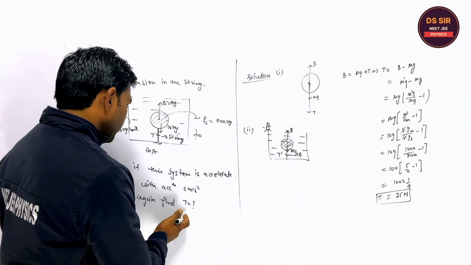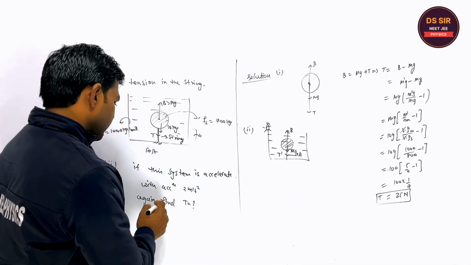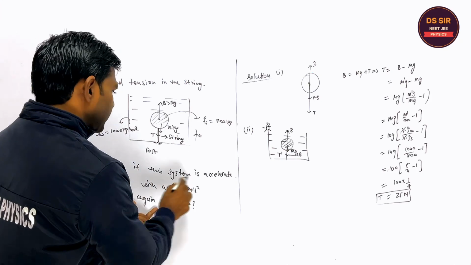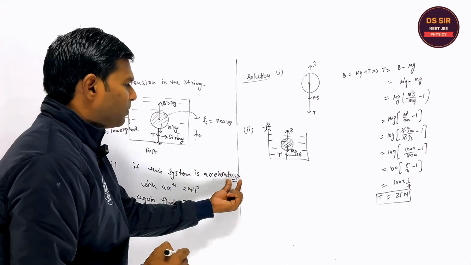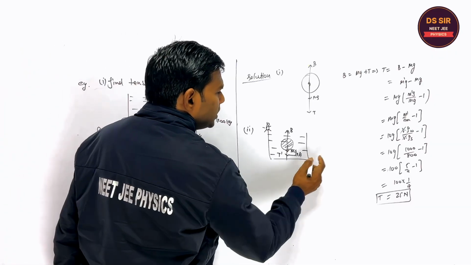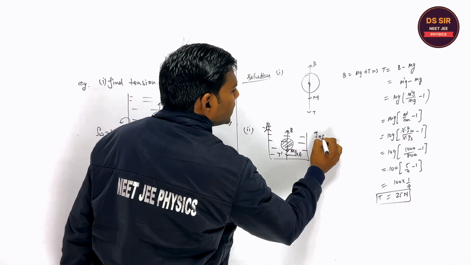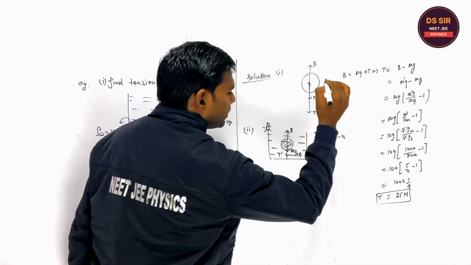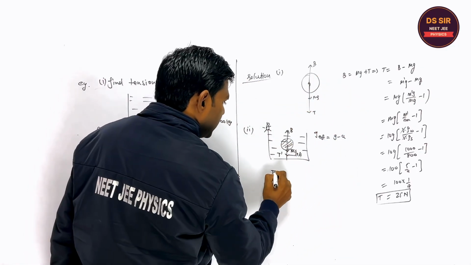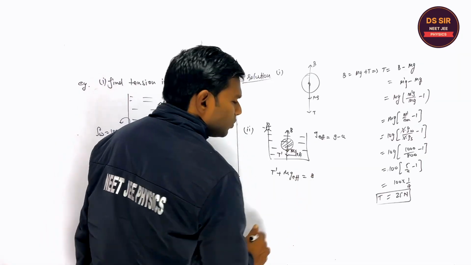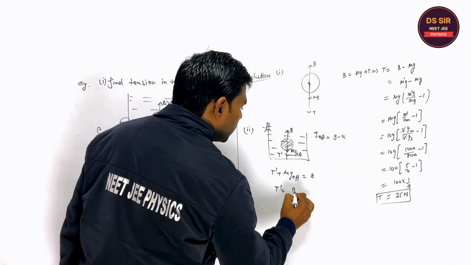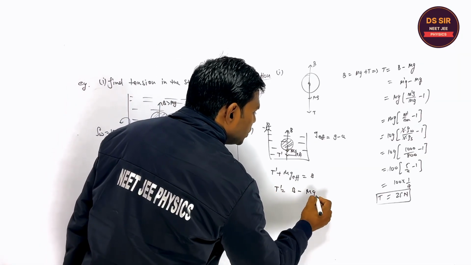If the system is accelerated upward, what will the G effective be in this case? The tension plus mg effective is equal to the buoyancy force, so T dash will be equal to B minus mg effective.